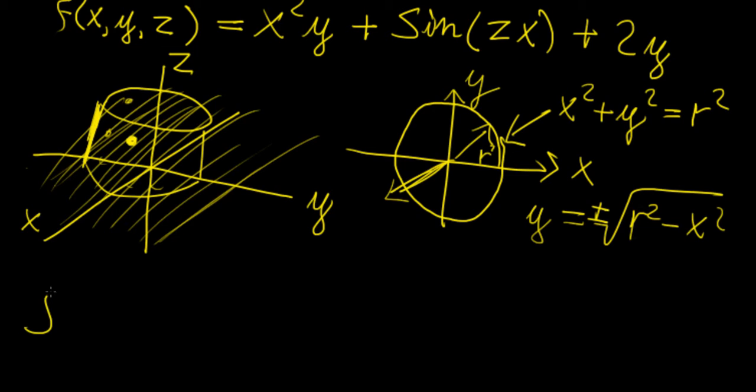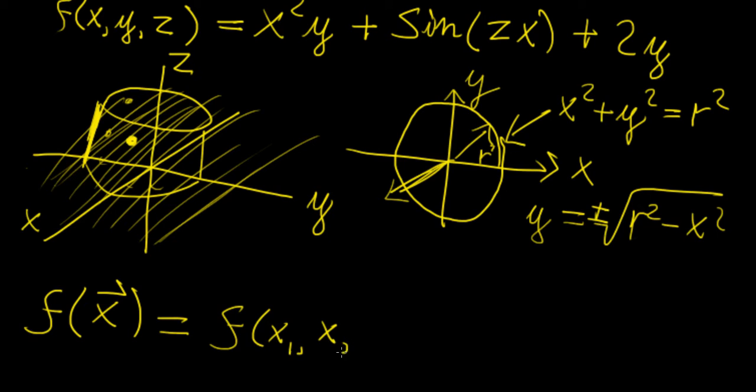So we may have a function of an arbitrary number of variables, and we often denote that by a vector x. So a vector x is going to be f of x1, x2, x3, and so on, up to xn. So we are going to have n variables, and each of those coordinates is going to be an input to that function.